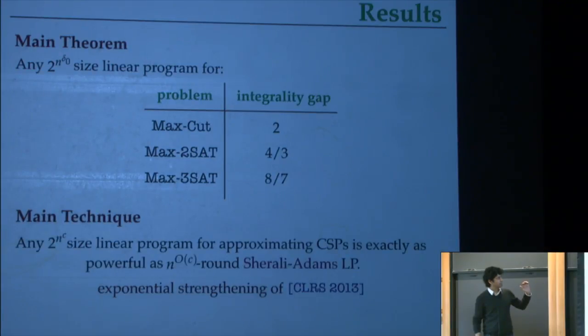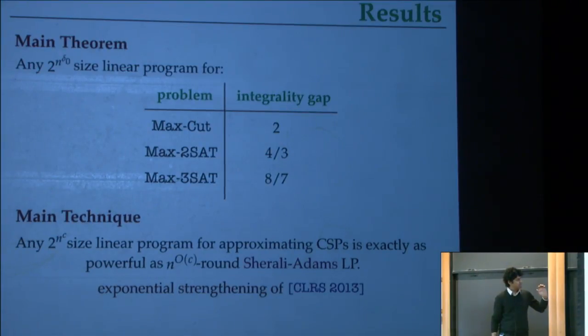Basically we can prove any lower bound that can fall out of this technique, so I'll explain this in a moment. The idea is that we're going to show that if you take any 2 to the n to the constant size linear program, then such a linear program for approximating CSPs is no more powerful than a similar size specific linear program known as the Sherali Adams linear program.